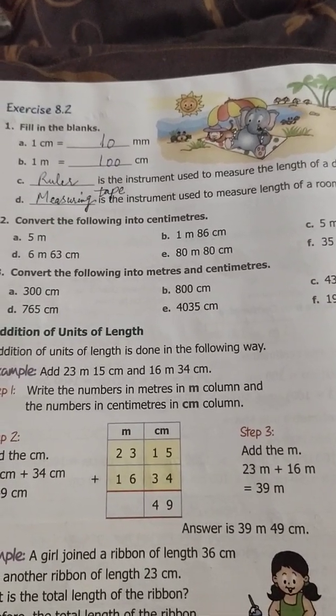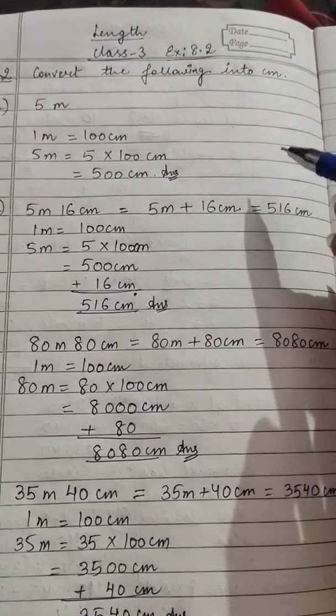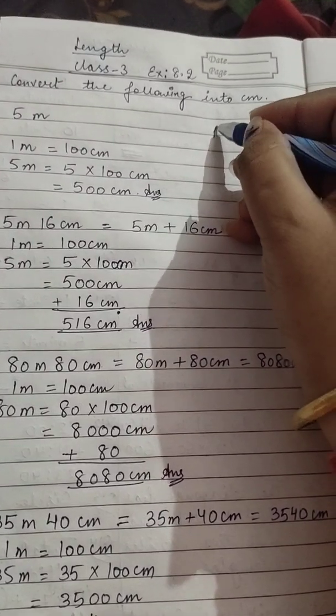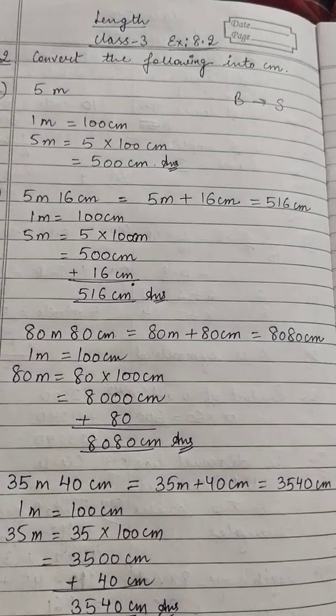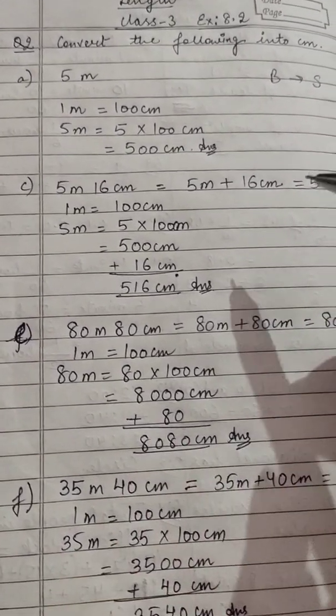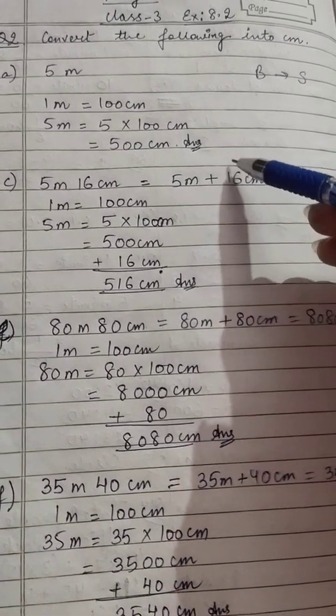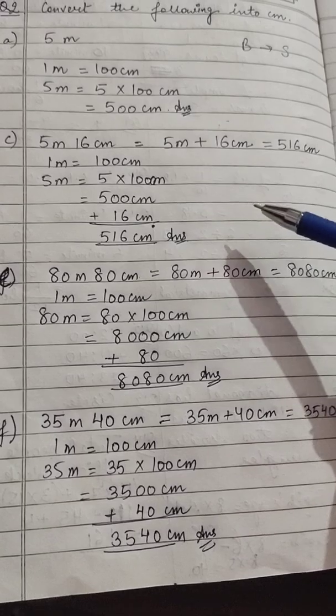Now convert the following into centimeter. Here you can see I have done some parts for you. We are moving from bigger to smaller unit, so we have to multiply by 100. So 5 meter into 100 centimeter is your 500 centimeter. Then 5 meter and 16 centimeter.